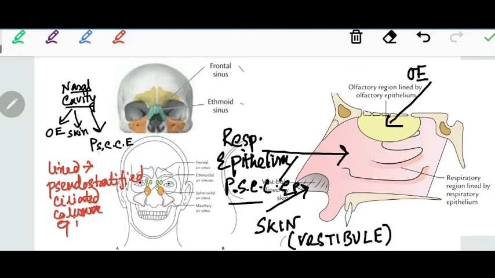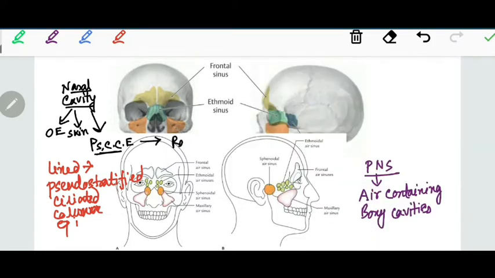So, pseudostratified ciliated columnar epithelium is also known as the respiratory epithelium.